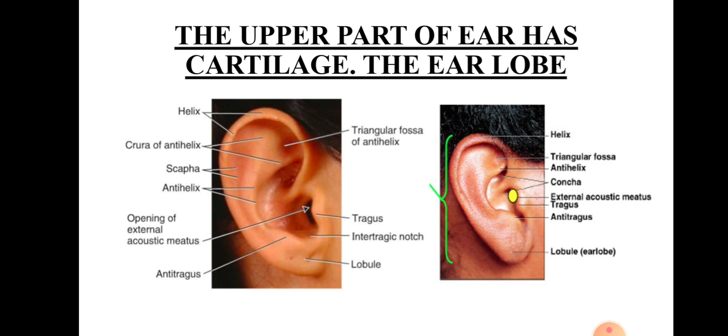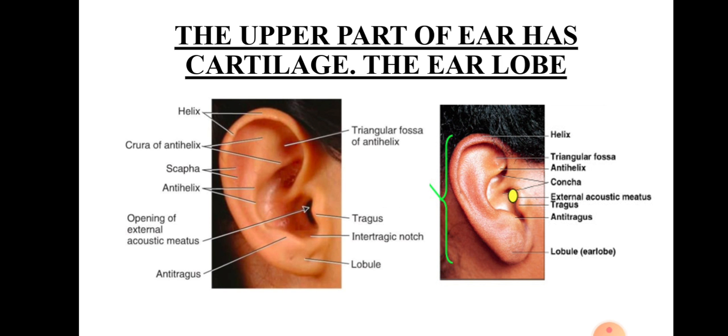The outer ear is made up of cartilage and skin. There are three different parts to the outer ear, the helix, the lobule and the ear canal structure.